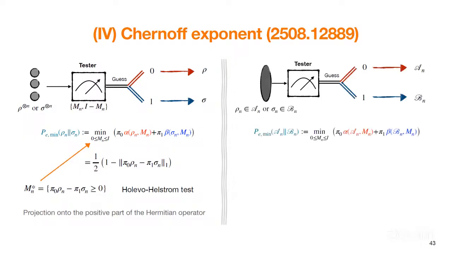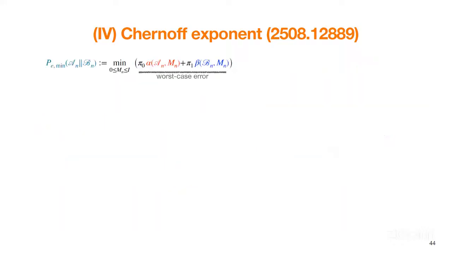But now we want to have a similar thing for the composite hypothesis, right? In this case, this is very non-trivial because the measurement we want to design should be independent of the specific quantum state that we choose here. So what is the optimal test for composite hypotheses?